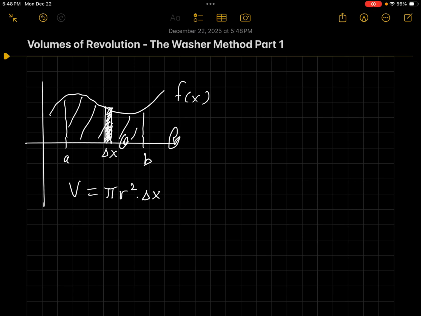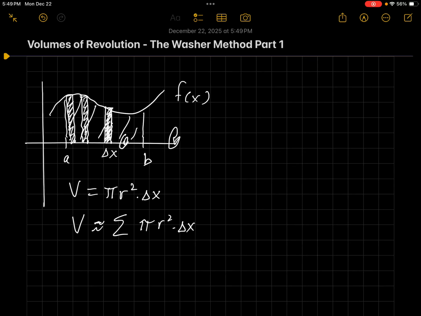If we want to approximate the total volume, we would draw many of these cross-sections, starting at x equals a and going to x equals b, revolving all of those about the x-axis, where each volume is pi r squared times delta x, and then adding all of those volumes together.